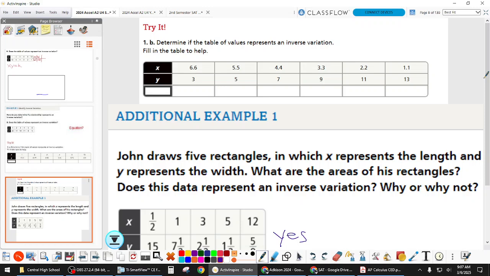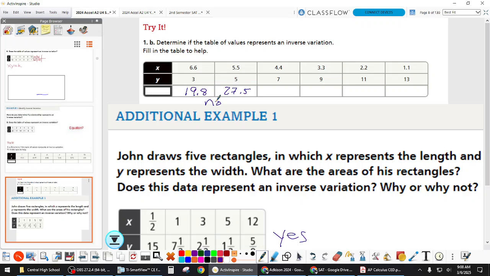Okay, 3 times... Alright, are we saying yes or no? No. Okay, this one is 19.8, and this one is definitely not 19.8, right? 27.5.